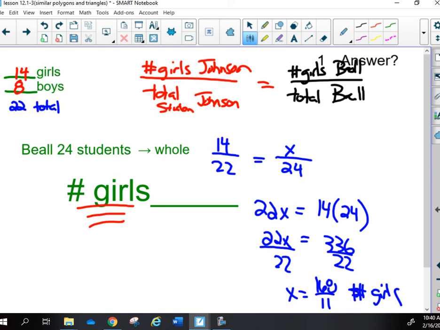But if I divide that answer by 11, we know there's going to be about 15. So I would say 15, and then you're going to have 3 11ths. Now you can't have a partial girl.